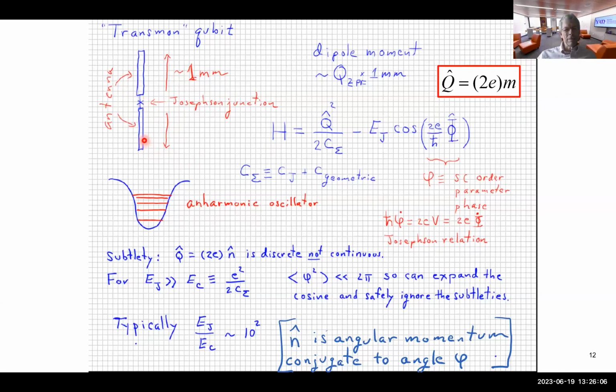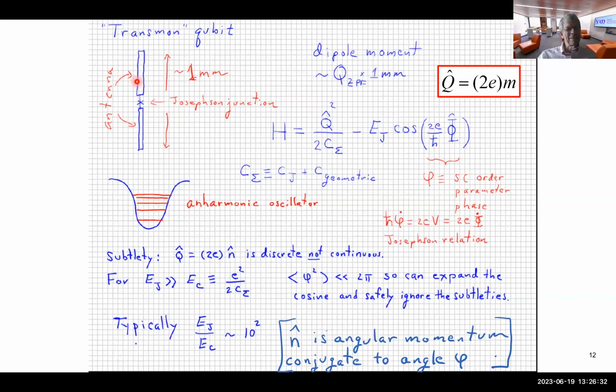And then the fact that pairs of electrons can tunnel through that insulating barrier gives a term in the energy proportional not to flux squared over twice some inductance, but to cosine of flux. And for those of you that know about the superconducting order parameter phase phi, that's exactly what the argument of the cosine is.